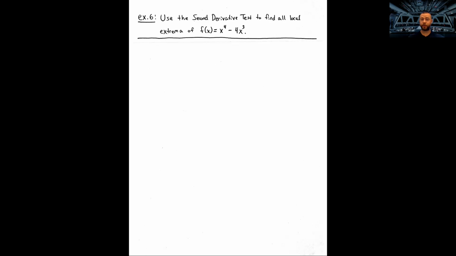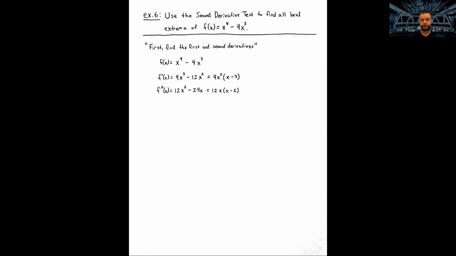All right, welcome back to our last example for this lecture. So our first step, which is a good one for most problems at this point in the course, if you have no idea what to do, calculate the first and second derivative. Here that's fairly simple, just using the power rule. We can factor our first derivative and we can factor our second derivative.